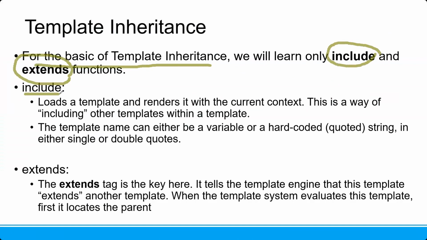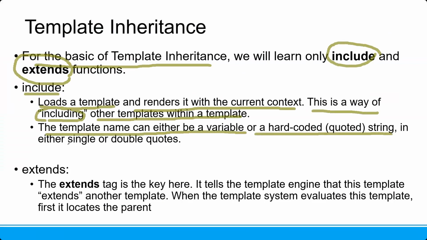Include means we are going to load a template and render it with the current context. This is a way of including other templates within a template. The template name can be either a variable or a hard-coded quoted string in either single or double quotes.